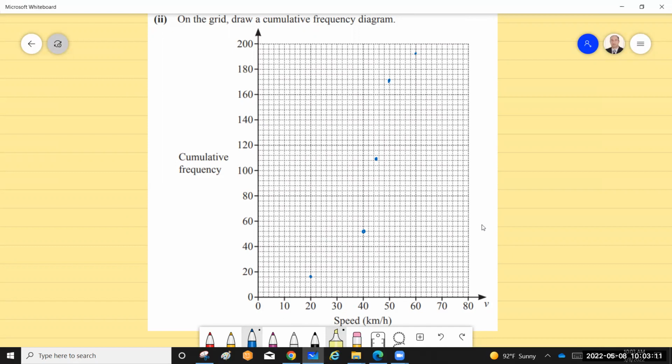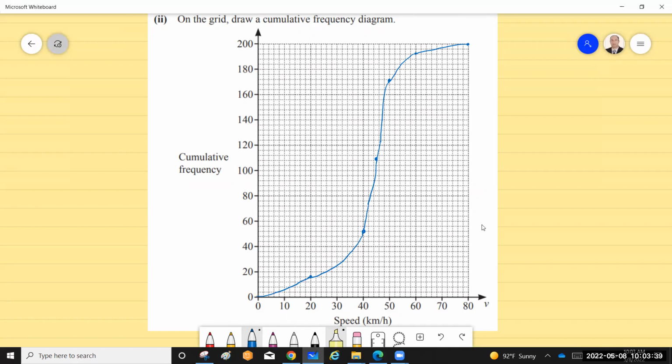Just draw a smooth curve joining the 6 points you plotted, something like that. You can continue drawing from the origin because the speed is 0, no cars, no speed.